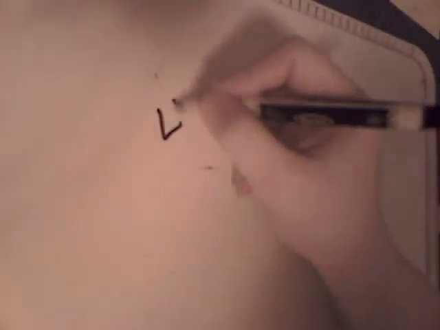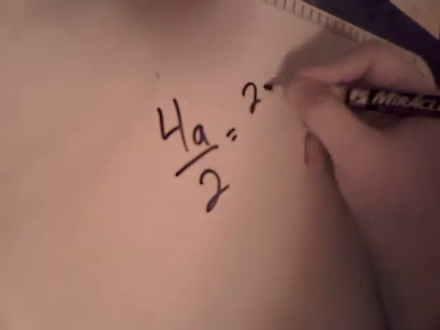Let's take a look at division. If I have 4a over 2, to simplify this, there's a couple different ways I can look at it. I believe that somewhere in the videos I have some sort of reducing fractions using the canceling out method, which would mean that we do this.